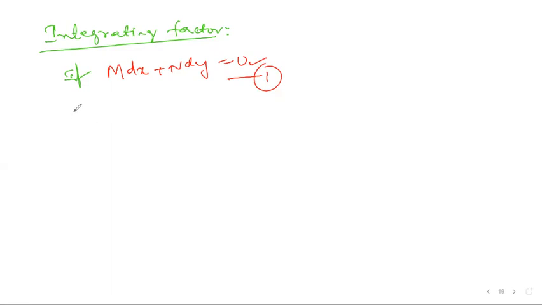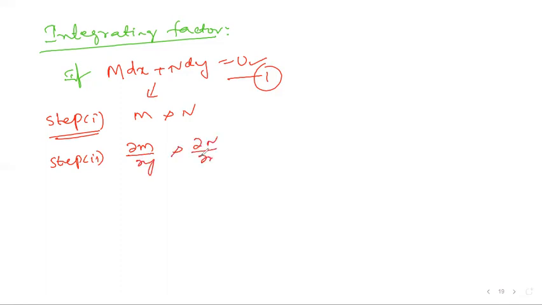So what is the procedure we have? Step 1 is the same: the given differential equation is compared with M dx plus N dy, so we get M and N. In step 2, we find del M by del y and del N by del x.